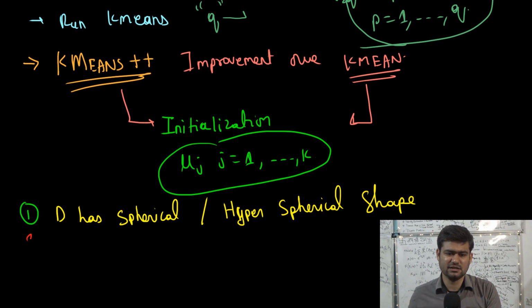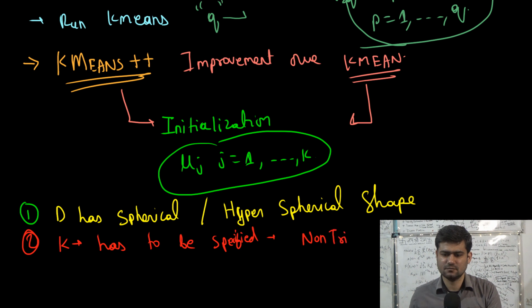The second limitation is that the value of k has to be specified, which may be a non-trivial task for most real world applications, and this is one problem that is there in the k-means++ algorithm as well.